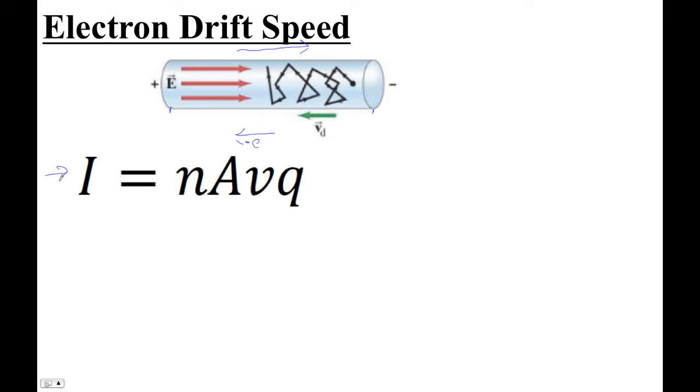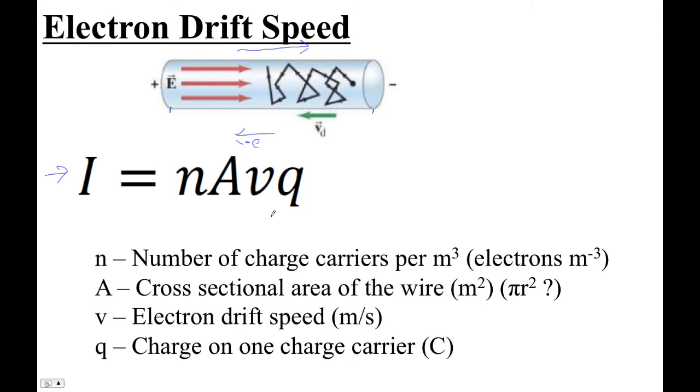This is our formula for current, and that v is the electron drift speed right there. A is the cross-sectional area of the wire in square meters, just like in resistivity. And then n is conveniently calculated for us. Hopefully we won't have to calculate n, because n is some factor of the density and the number of electrons per atom. The density, which is kilograms per cubic meter, must also have to do with the molar mass, because we'd figure out how many moles, and also Avogadro's number.